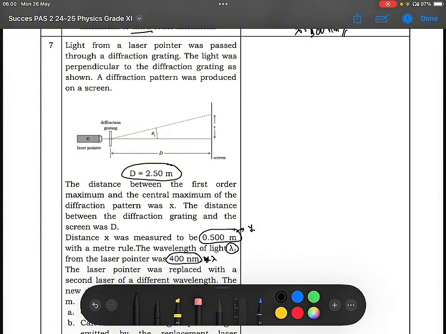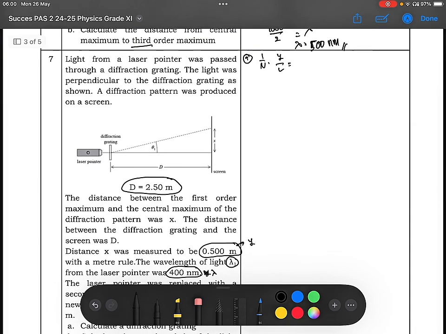Okay, for the problem, it is 1 per N, Y per N, because this is the first order, the M is 1. And the Y is half a meter. So you can change the units to nanometer.